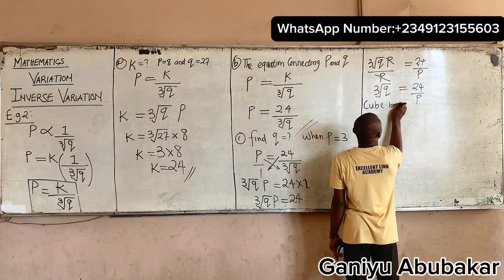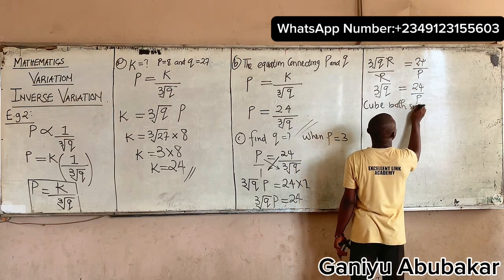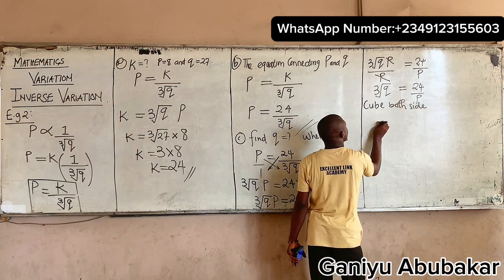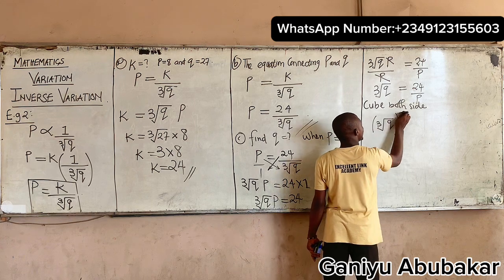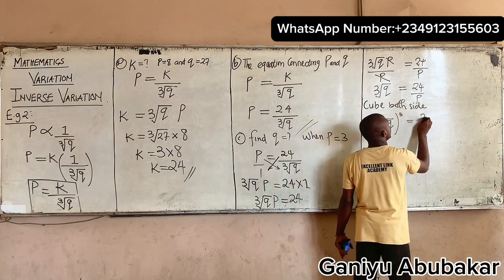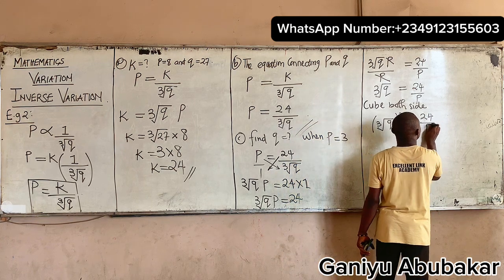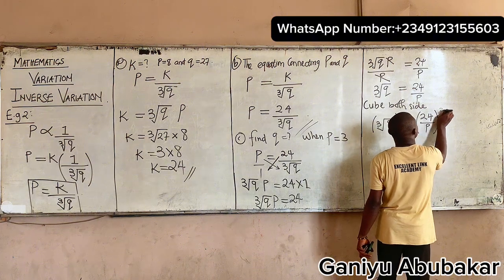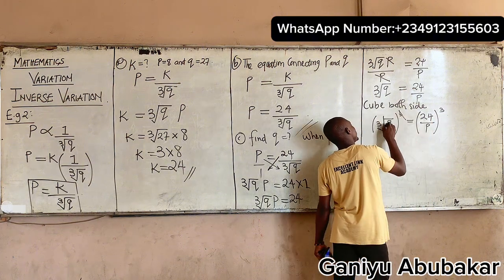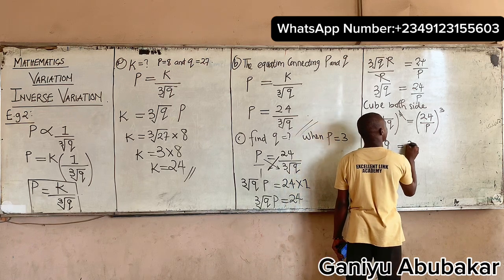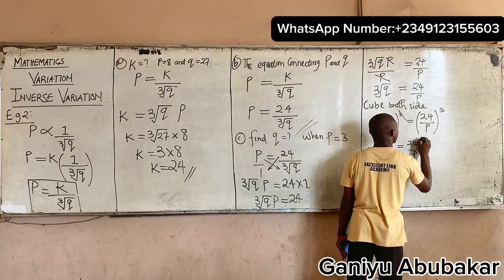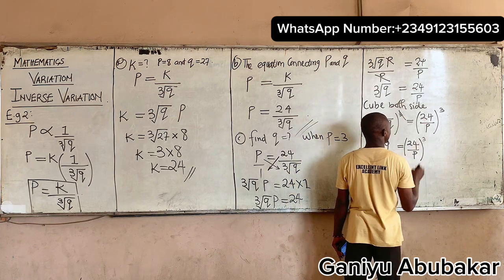The third root of Q, all cubed, is equal to 24 over P, all cubed. This cube will cancel the cube root. I'll have that Q is equal to 24 over P, all cubed.